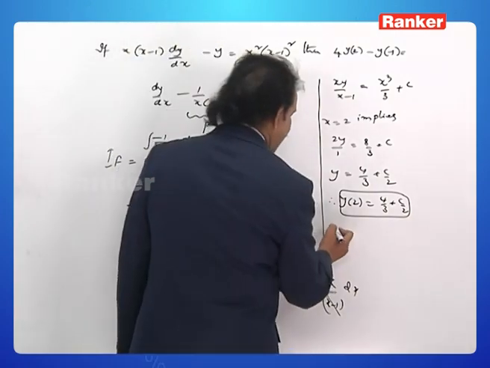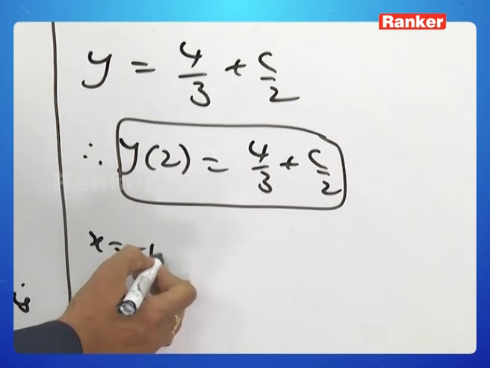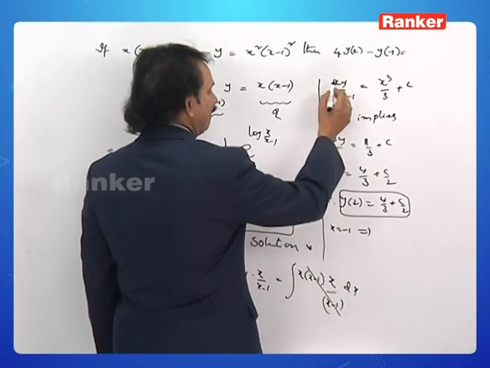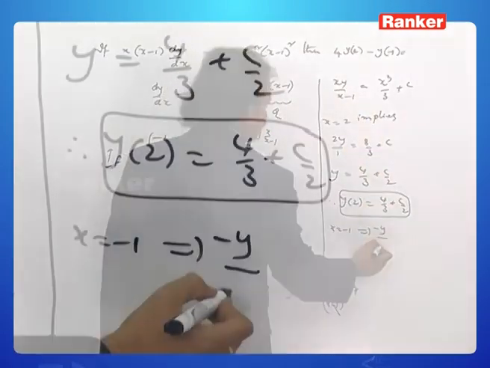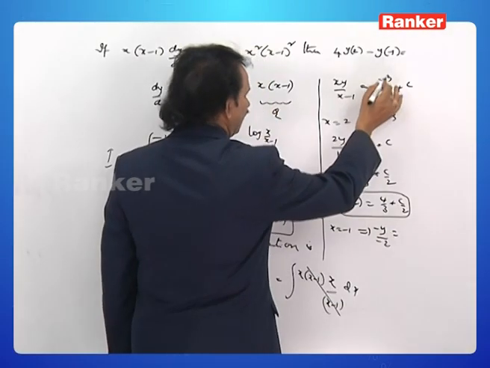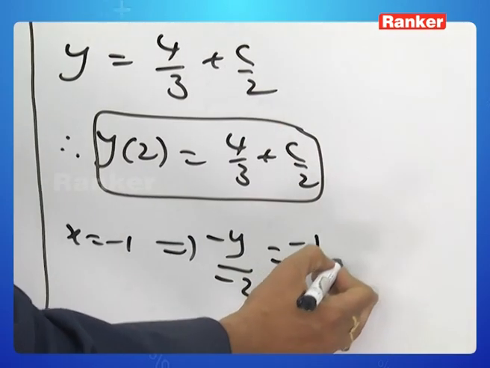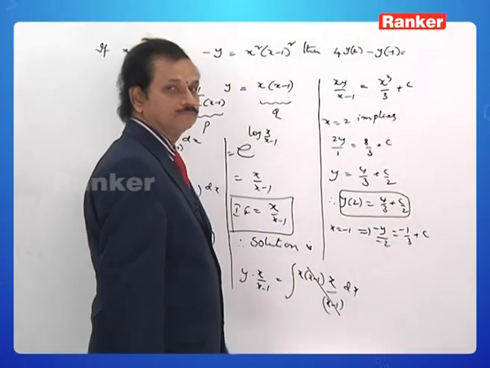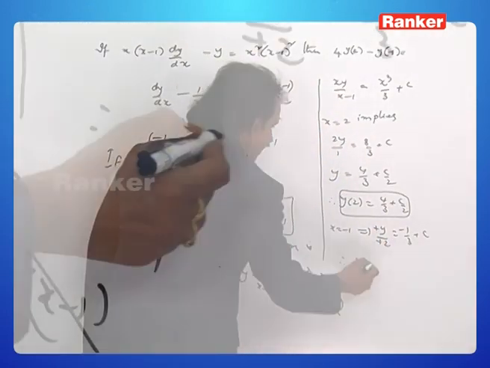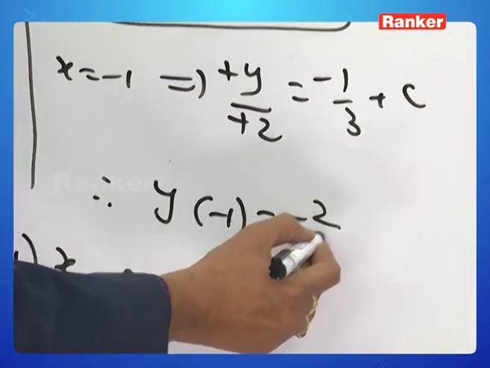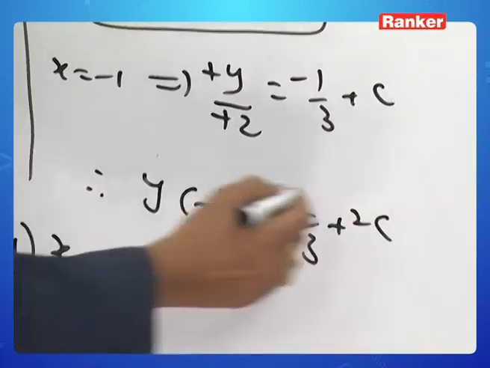And then y(−1): if x = −1, what happens? −1 into y(−1) over −2 equals (−1)³/3 + c, that is −1/3 + c. Therefore y(−1) = −2/3 + 2c.